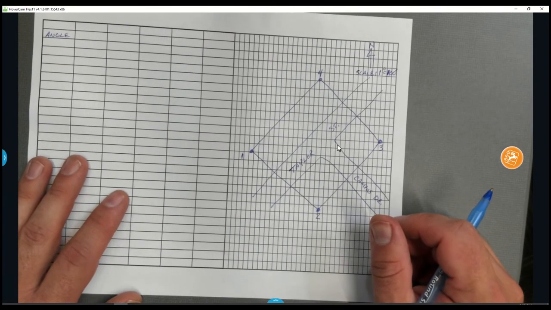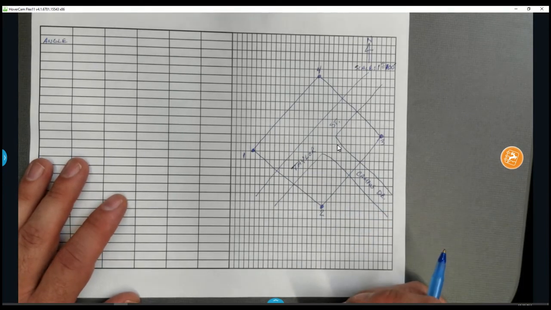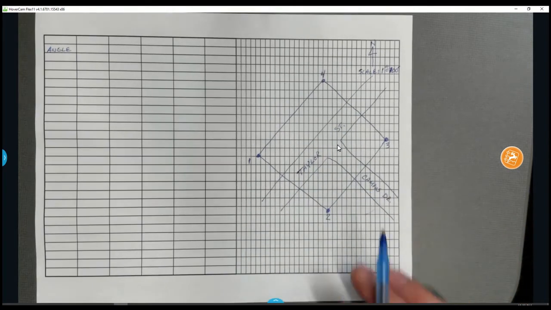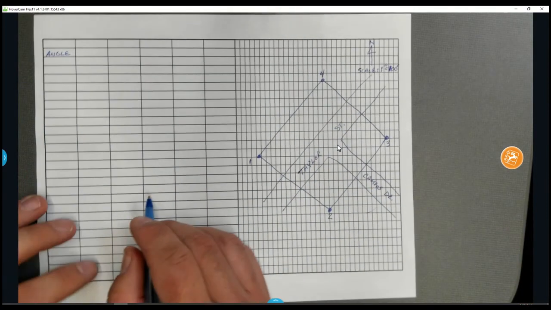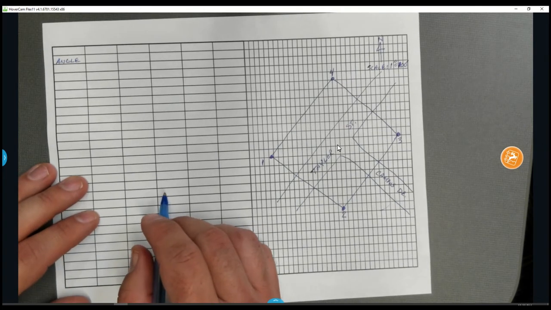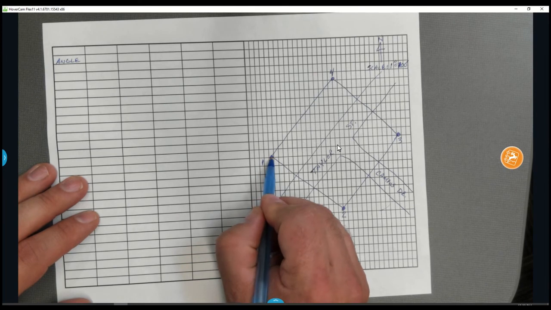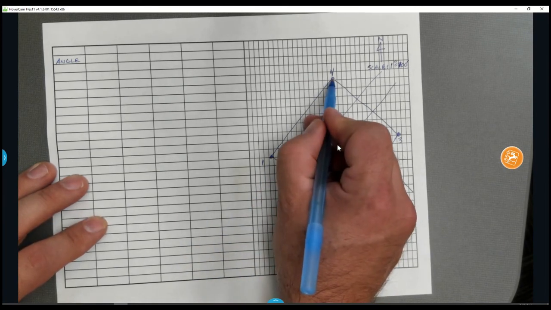Okay. So, this is what your sketch should look like. On the side, this is going to identify what points you're set up on when you're doing these notes. So my first angle, I'm going to set up my total station on 1, and I'm backsighting number 4, because we're turning angles to the right.